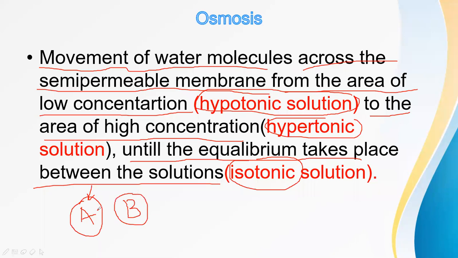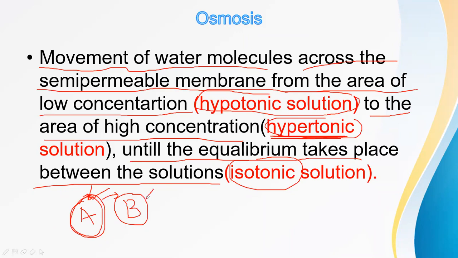When you compare these 2 cups of water, which water is more sweetened? Cup A, because here the concentration of the sugar is high when you compare with the other cup, cup B. Because of this high concentration solution, we call this hypertonic.